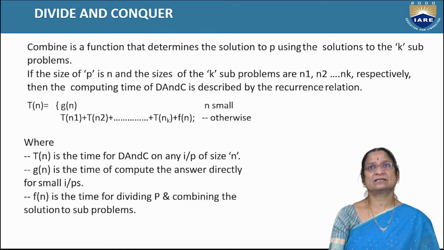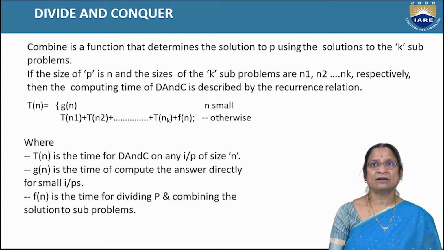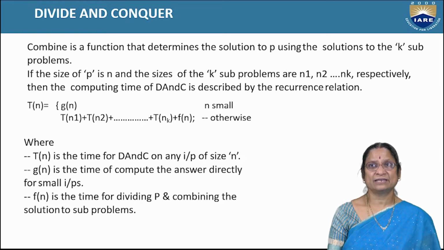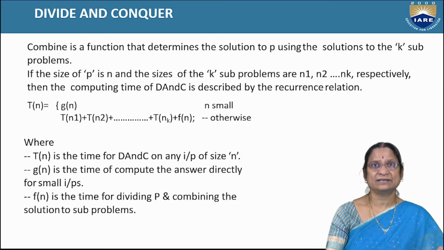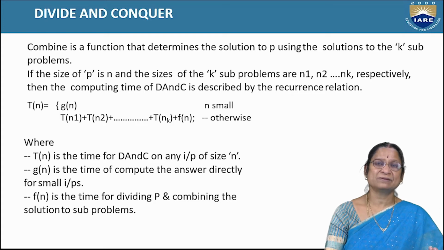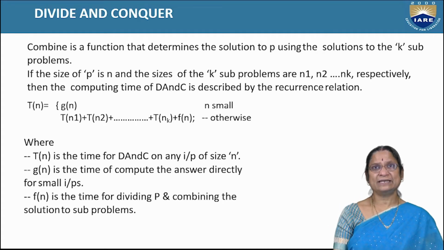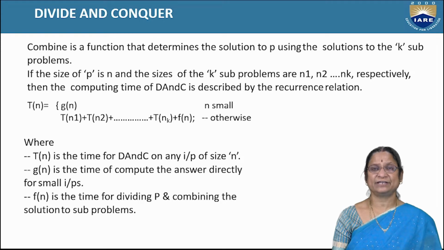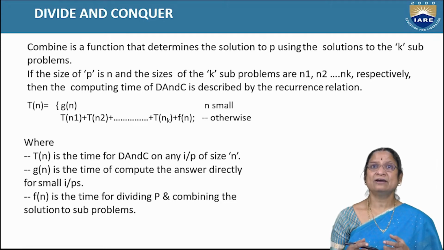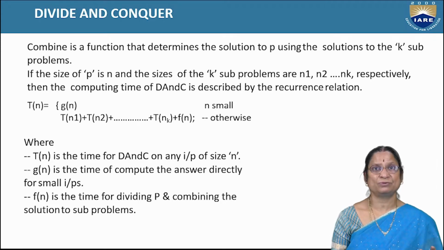Let us assume that the size of the problem P is n, then the sizes of the subproblems are n1, n2, etc., nk, k subproblems we considered here, and we compute each subproblem by using the same D and C technique, in a recurrence relation. Any divide and conquer algorithm can be represented this way if it is written by using a recursive procedure.